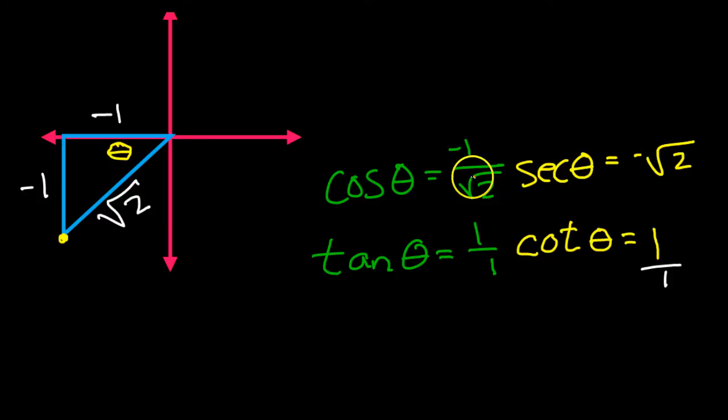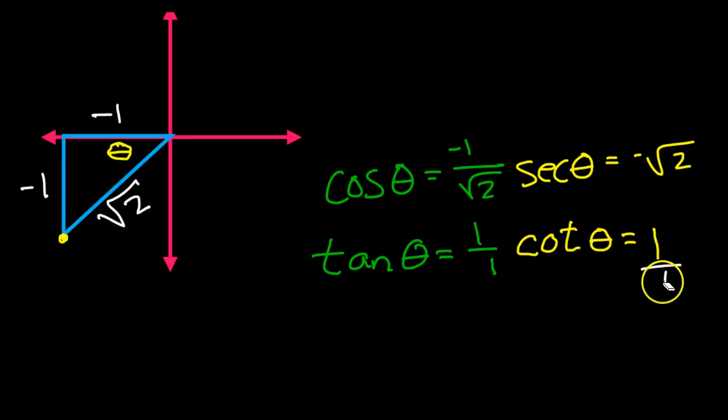You know, the reciprocal of this is radical 2 over negative 1. But just the same way we don't leave radical 2 over 1, we won't leave it over negative 1 either. We put the negative on the radical and we erase the unnecessary 1 in the bottom.